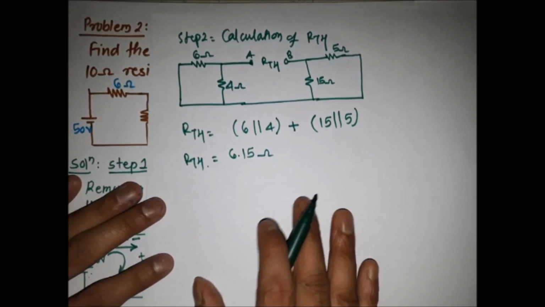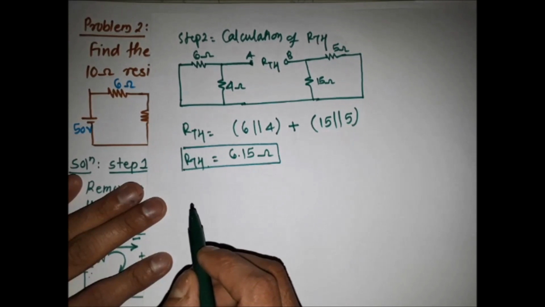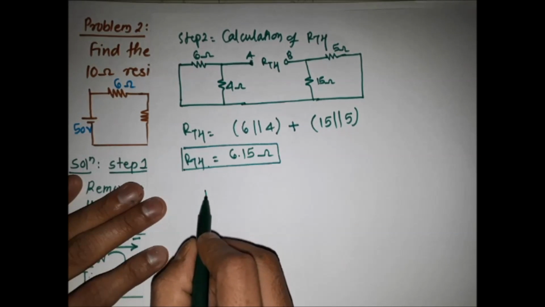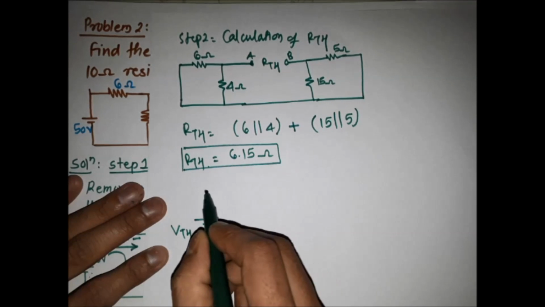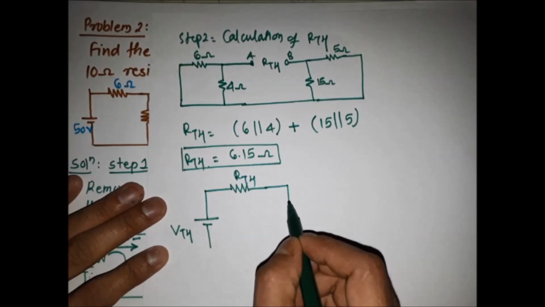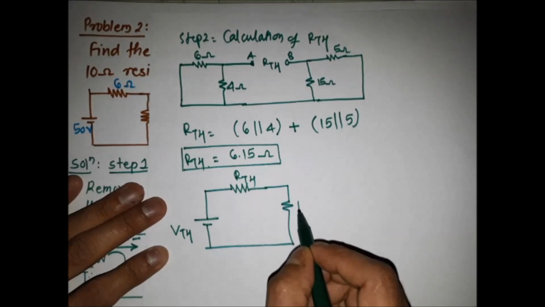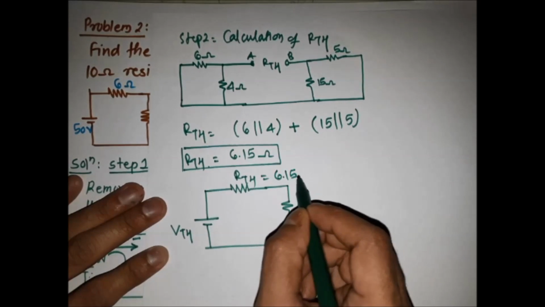Now the last step: we are replacing the network with VTH in series with RTH and the load resistor. So the Thevenin network is VTH in series with RTH in series with the load resistor RL. We know the value of RTH, it is 6.15 ohm.